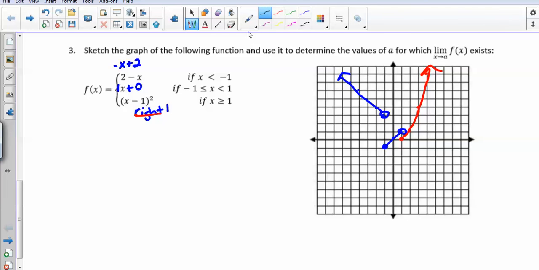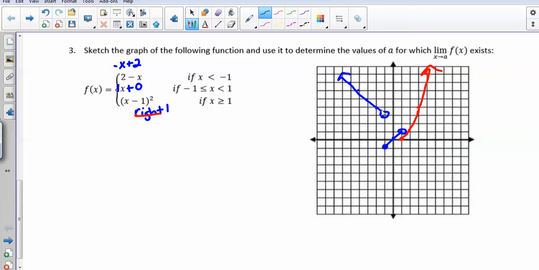Alright, so I need to find out where the limit exists. Well, basically the limit exists everywhere on this line until I get to the point where I have to jump down here. And it exists everywhere on this line until I have to jump down here.